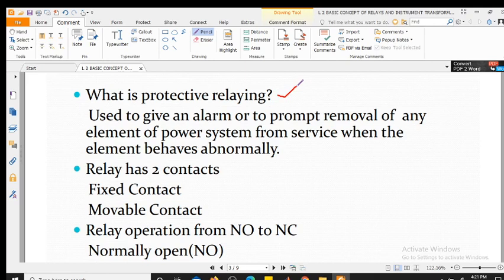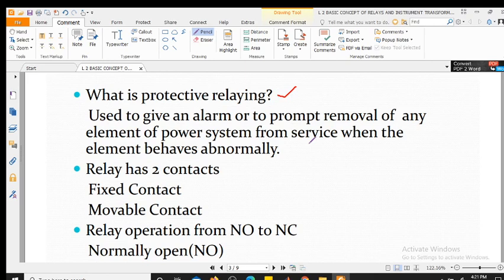So what is the function of relay? Relay's function is only to sense the abnormality of the equipment, and always the CT secondary is connected to the relay coil. From the relay, again it is connected to the circuit breaker.